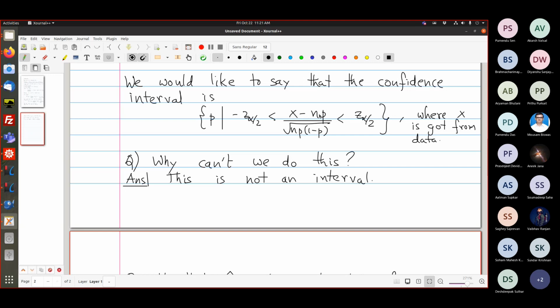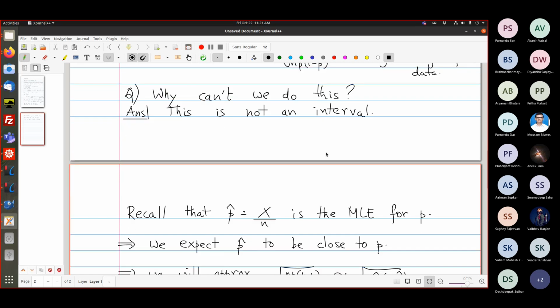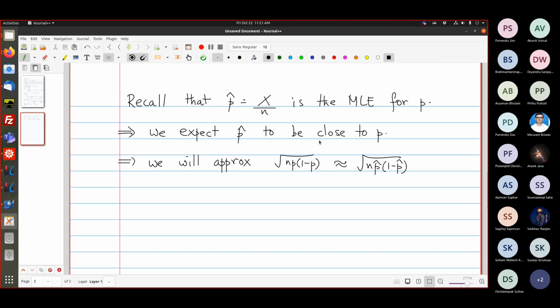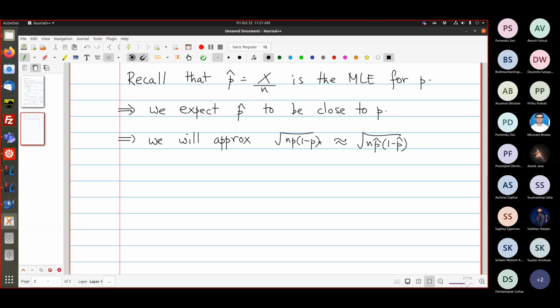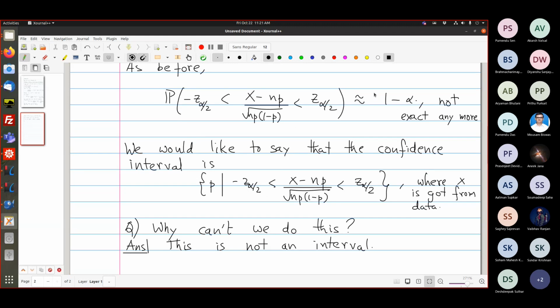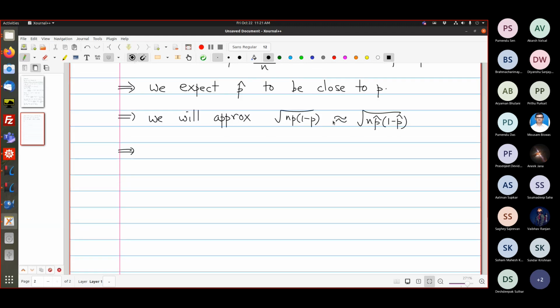You might ask why we approximated p(1 minus p) by p hat(1 minus p hat) and not the other way. But as I said, if you approximate this p by p hat, you'll get 0. This seems like a reasonable way out. This is an approximate thing; one is approximating a little more.